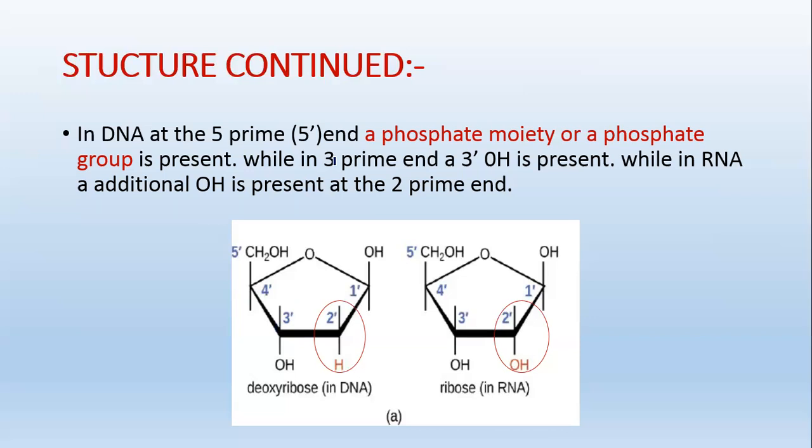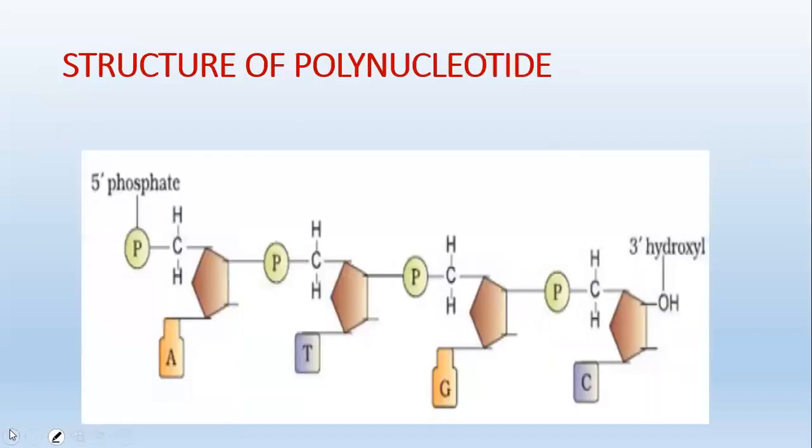So the bond is formed between 5 prime phosphate and 3 prime OH. If you look at the structure, you can see the bond is formed between 5 prime phosphate and 3 prime OH. Okay. I hope it is clear, all of you.